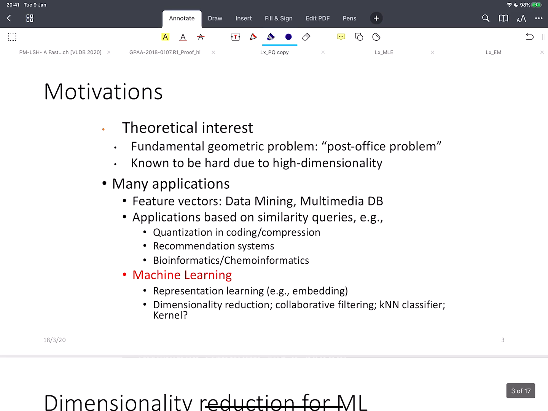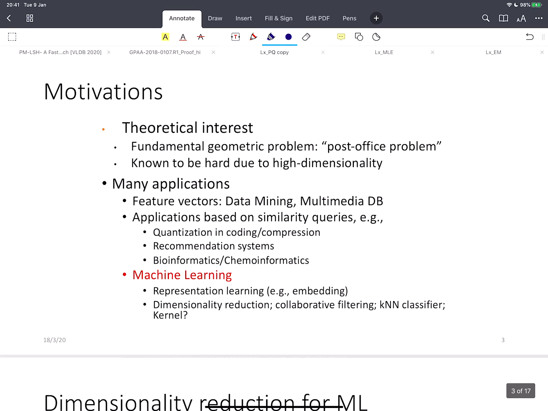So for high dimensional data points, if you want to do the exact nearest neighbor query, there are only very few theoretical results which can do it in sublinear time. Sublinear means the complexity is strictly smaller than O(n), n being the number of points in the database.